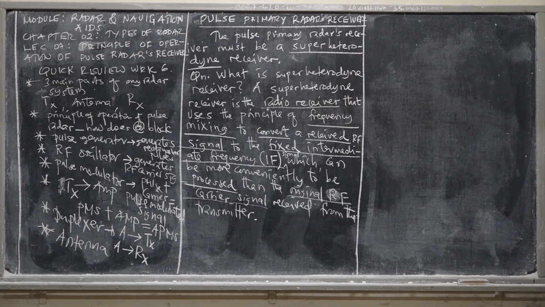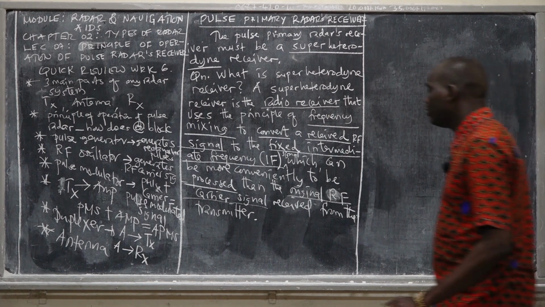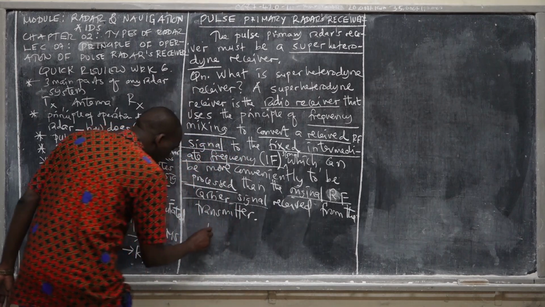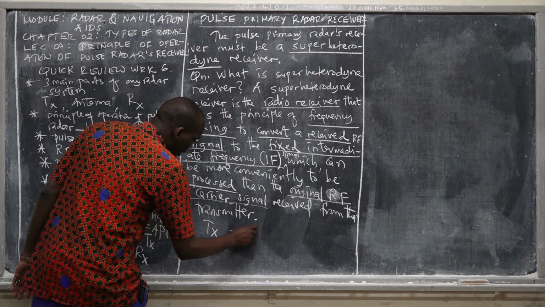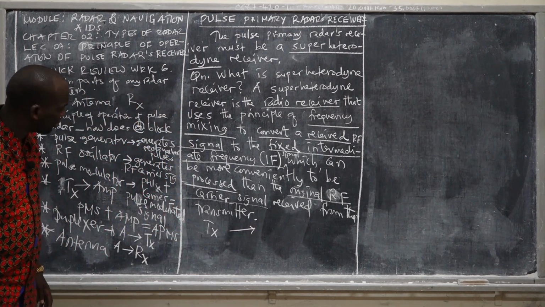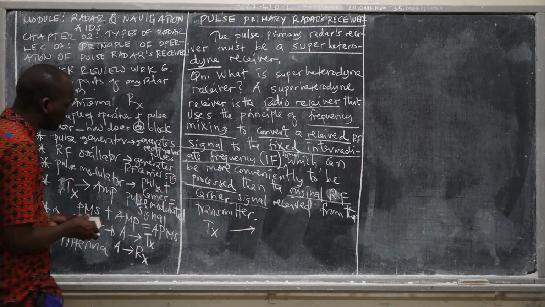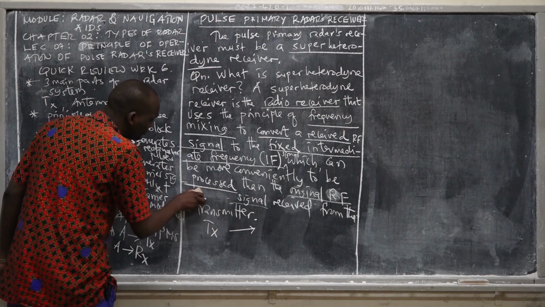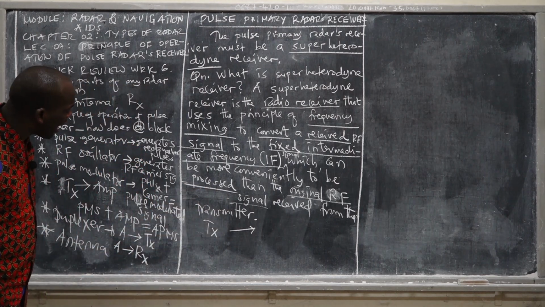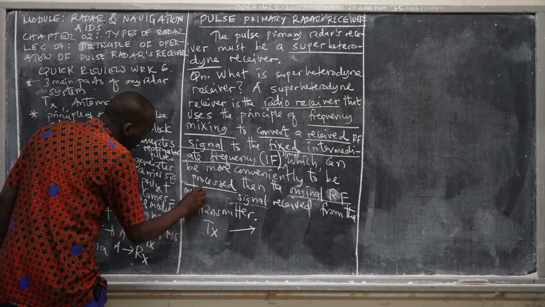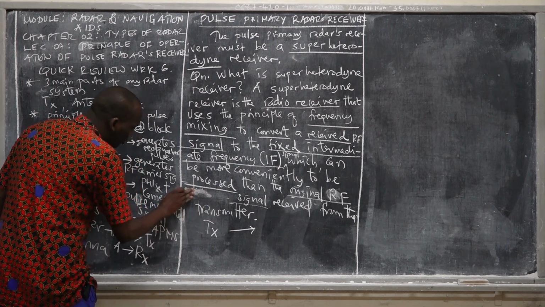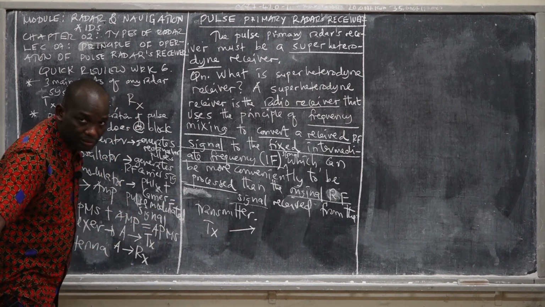So remember that the transmitter propagates, oh sorry, it's not the original carrier signal. No, it's the original RF pulse modulated signal.